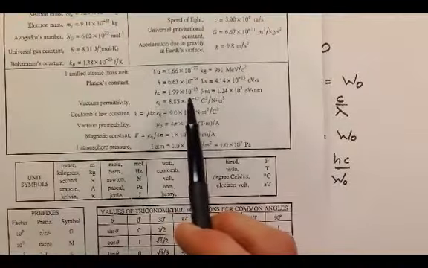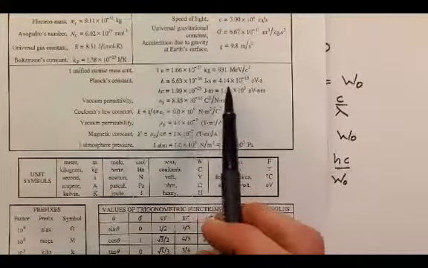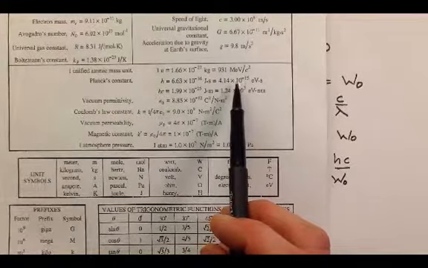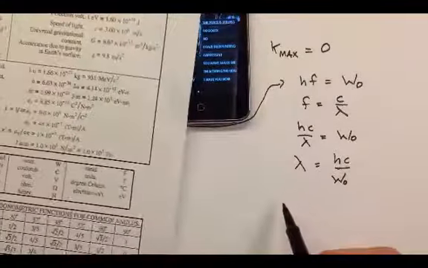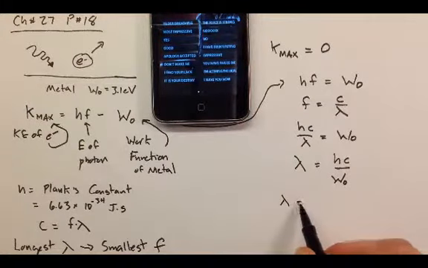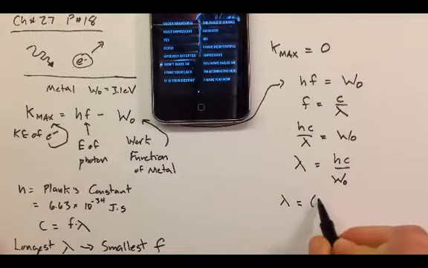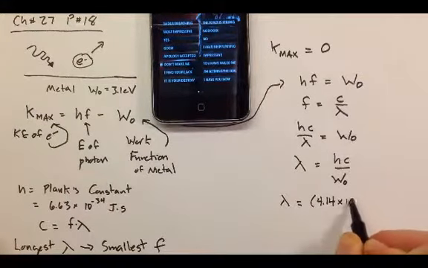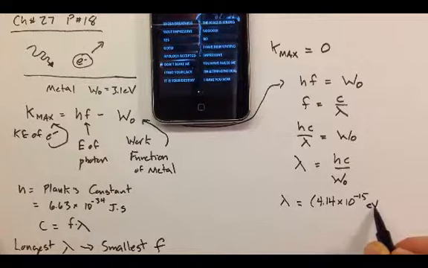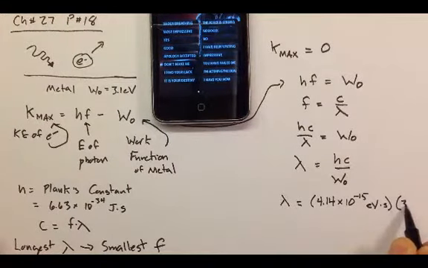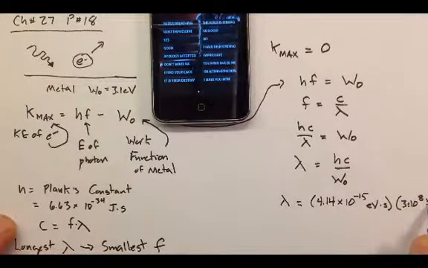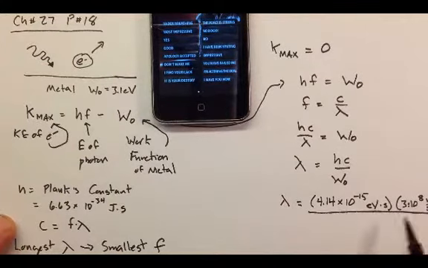For instance, in this problem, I'm going to just use Planck's constant in electron volts. So lambda is equal to 4.14 times 10 to the minus 15th electron volt seconds, times 3 times 10 to the 8th meters per second, divided by the work function in electron volts, which was 3.1 electron volts.